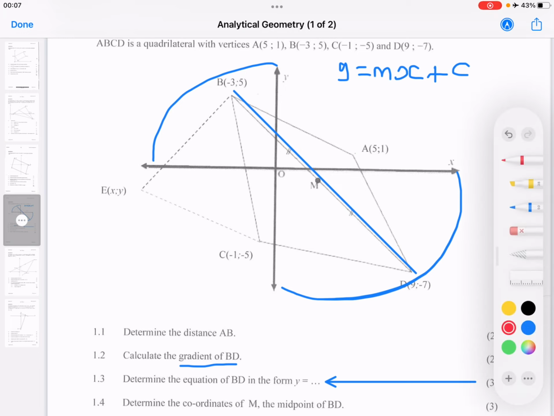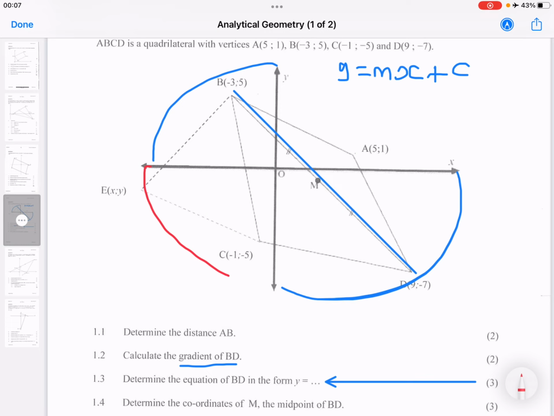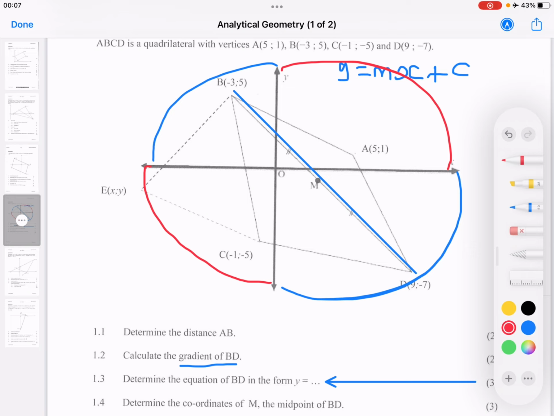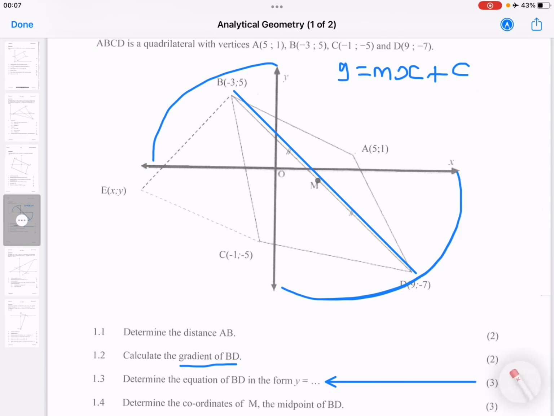But for a line ending in quadrant number 3 and quadrant number 1, it will have a positive gradient. So again, let me guess the gradient of that line BD.